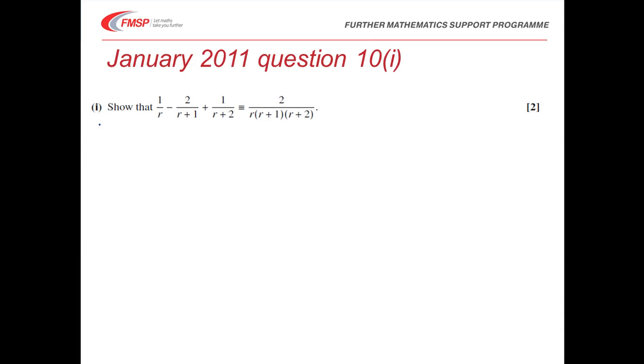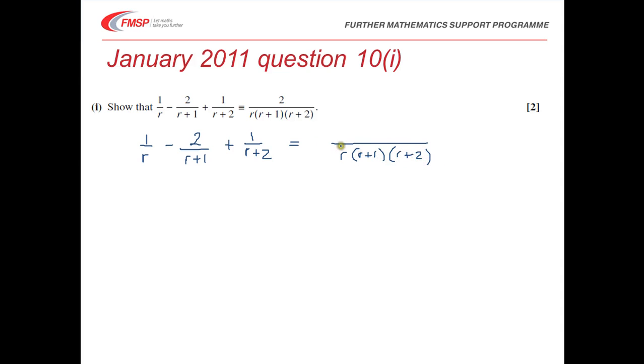So we need to take these 3 single fractions on the left hand side and find a common denominator and see if we can make it the same as the right hand side. So we have 1 over r minus 2 over r plus 1 plus 1 over r plus 2. We'll take a common denominator of r(r+1)(r+2).